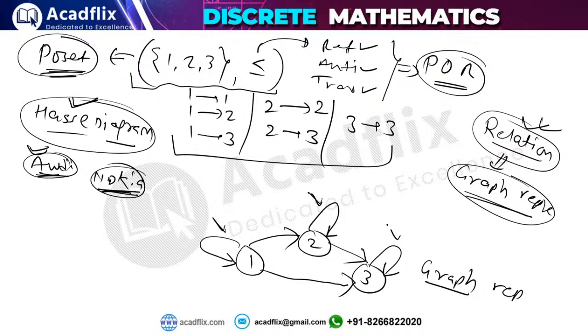These self loops are in every partial order relation. Like if there is a city where everyone is a partial order relation, then wait a second. Yes, I will see all your doubts and I will clear all your doubts.